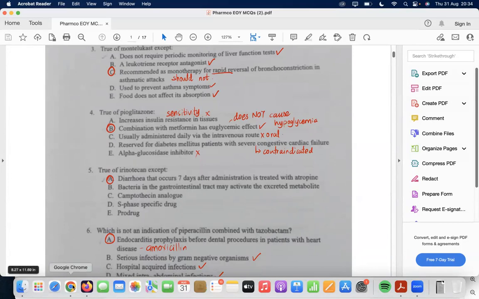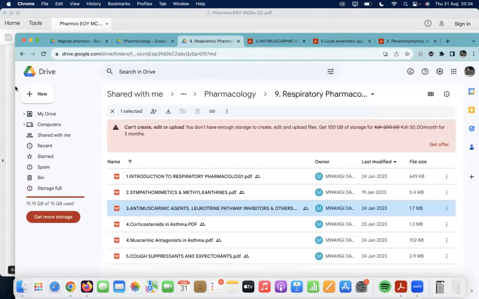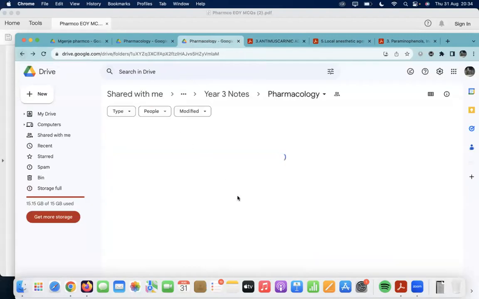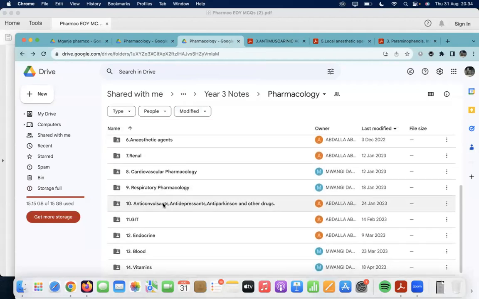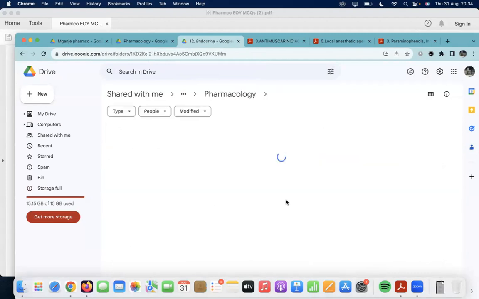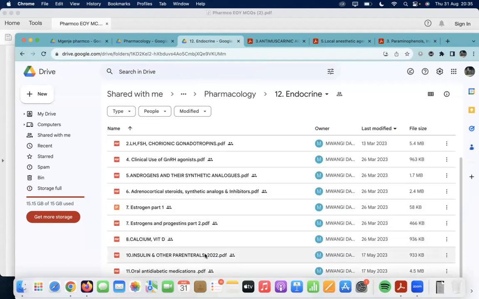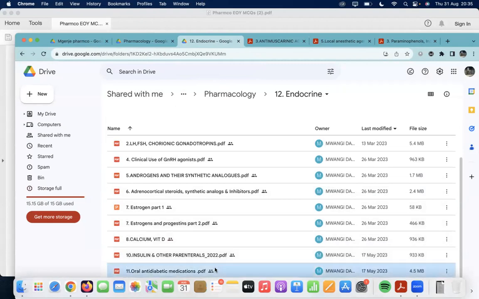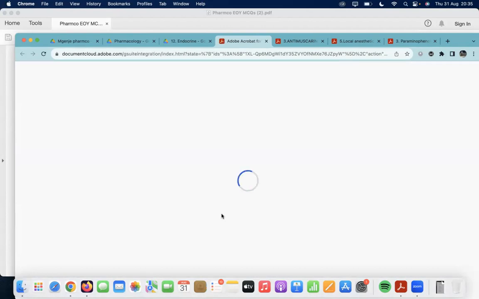So yeah, we can head on over there. Oral diabetes medication. So the answer is, I think, in slide 58.